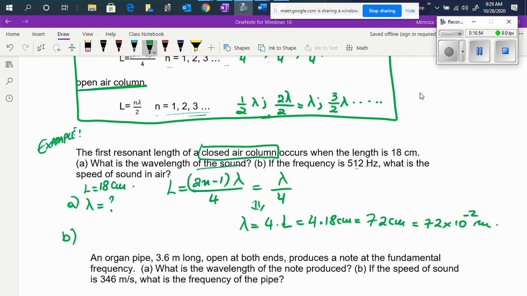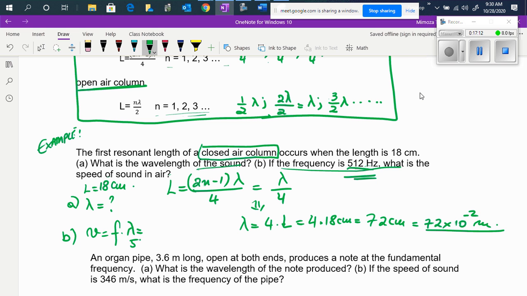And then for B, since the frequency is given as 512, what is the speed? We will use the universal equation of the wave. So V is equal to F times lambda. We know what lambda is, and we know what the frequency is.